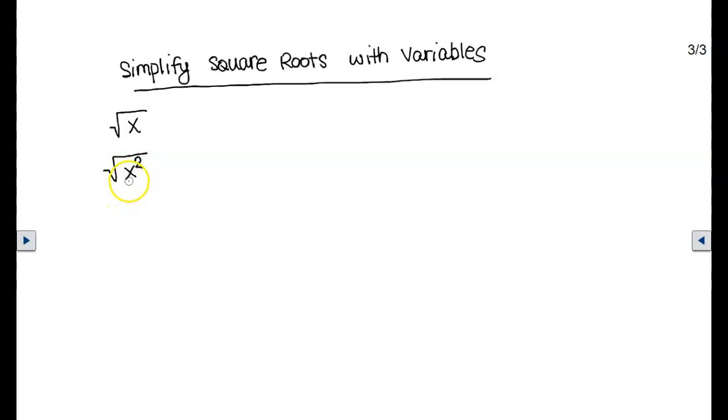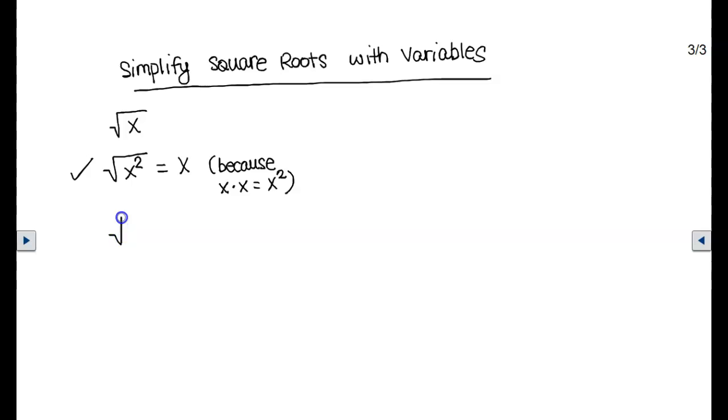That means what would I multiply times itself in order to get x squared? We can do that because we know that to get x squared, we could multiply x times itself. So the square root of x squared would be x because x times x is equal to x squared. So that one we can do.